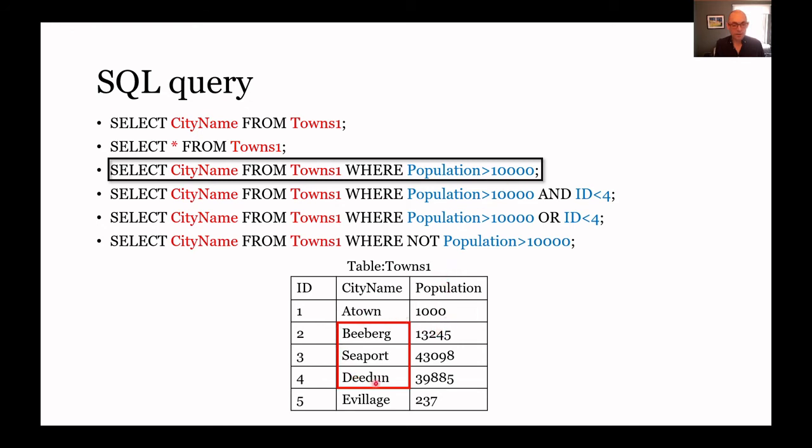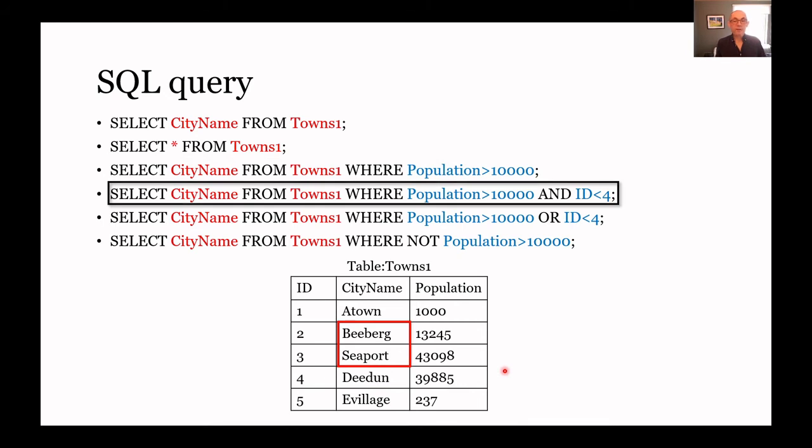So we're returning the names of the towns where the population is greater than 10,000. So we're looking in this column first and saying, where do I see population greater than 10,000? See it there, there, and there. Okay, what information should I send back? The equivalent information here under the city name. So these 3 names are returned.